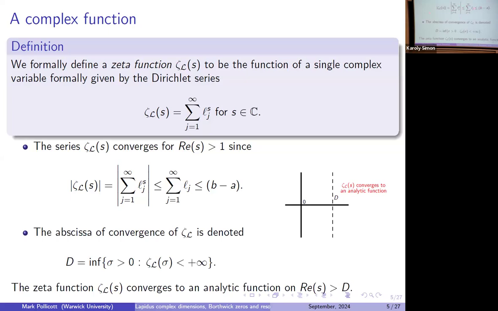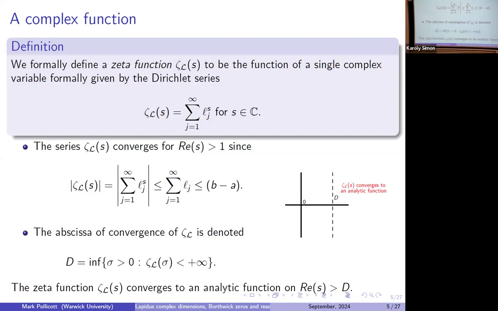So this tells us that this complex function defined in the lengths of the intervals converges to the right of 1, but maybe it converges on a bigger half plane. And so in that case, we can define D to be the furthest point left on which it still converges to an analytic function.